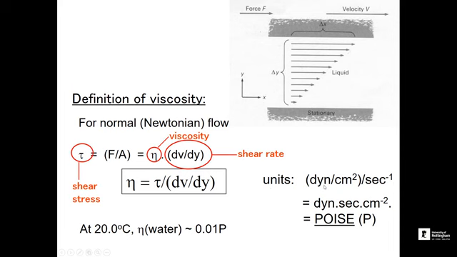The units, in centimetre, gram, seconds, are dynes per centimetre squared, so dyne second centimetre to the -2. And we don't say that, we just call that poise. And it's related to Pascal seconds, which is the SI unit of viscosity.